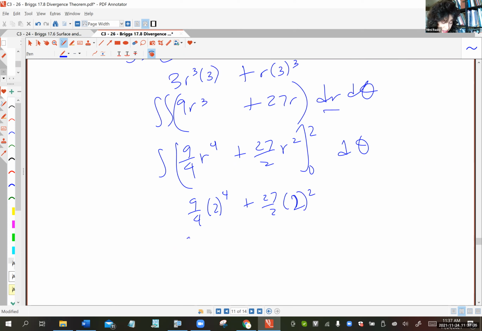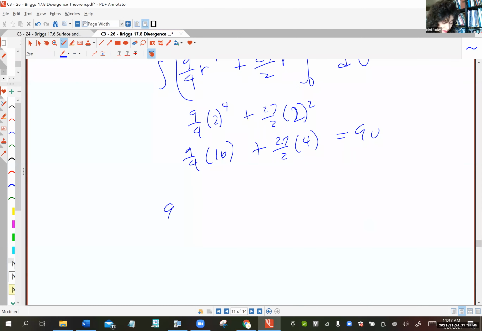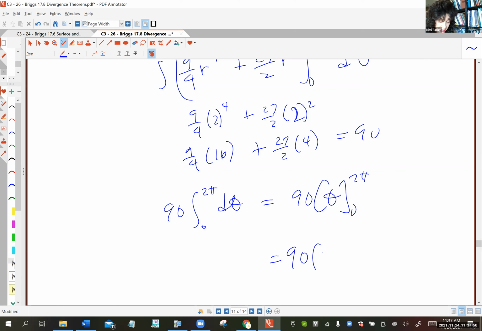So what is this? 9/4 times 16 plus 27/2 times 4. I think this adds up to 90. Just a multiple. So my last and final integral is just integrate 1 with respect to theta. That's just theta going from 0 to 2 pi. Final answer, 180 pi.